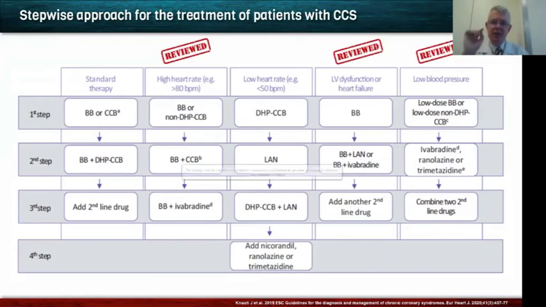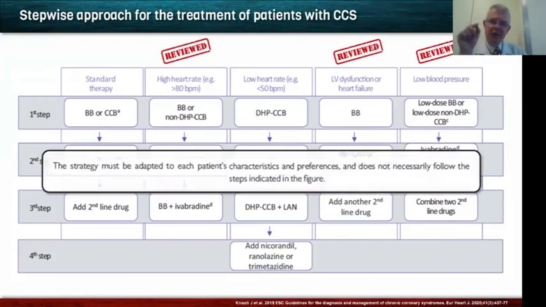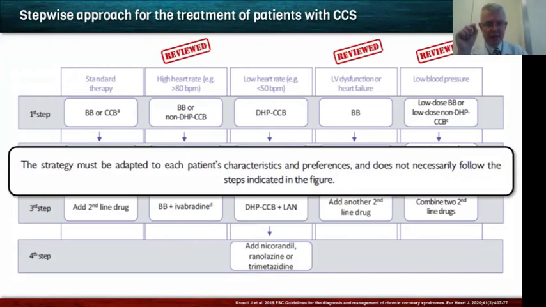But this is being reviewed, and if you look into the text, but you have to read the text, you see that the authors say, you know what, this is the general concept, the general recommendation to treat a patient with chronic coronary syndrome, but this strategy must be adapted to each patient's characteristics and preferences, and does not necessarily follow the steps indicated in the figure.